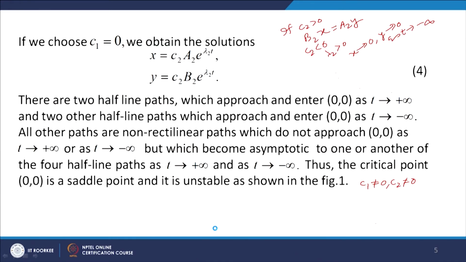So, we can conclude now, there are two half line paths which approach and enter 0 0 as t goes to plus infinity, and two other half line paths which approach and enter 0 0 as t goes to minus infinity.